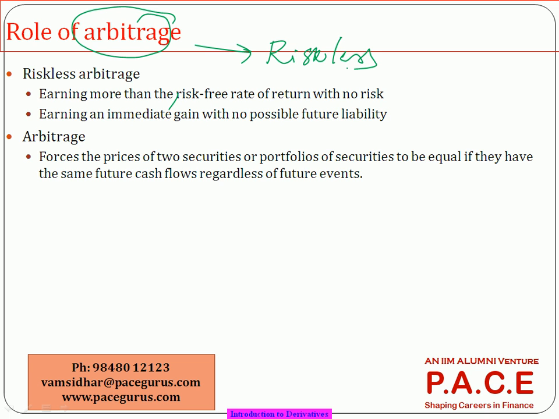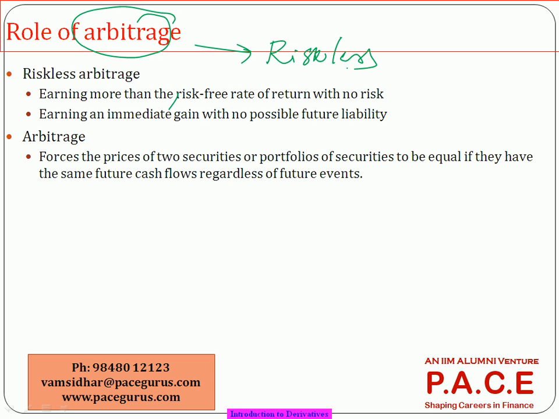Generally, even in equity we have seen, arbitrage is a mechanism where people try to find out the mispricing between two markets. Arbitragers are those kind of people. Let's say BSE is traded at some price, NSE is traded at some price. They'll try to find out if there is a mispricing here and take advantage: buy here, sell there, kind of a concept.